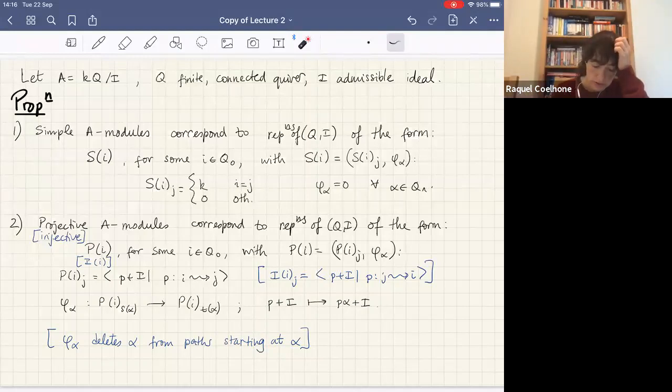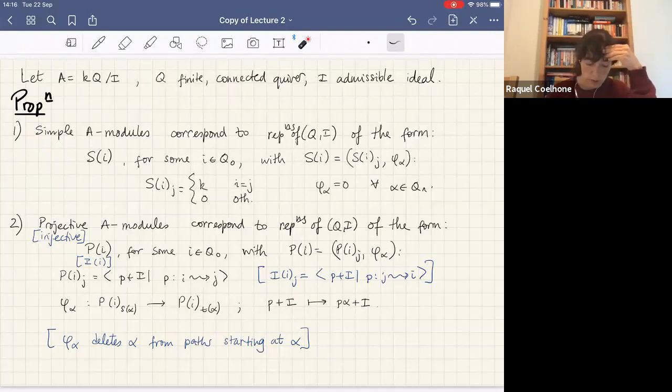At vertex J, Pij is generated by the paths from I to J. The injectives are dual, so you look at paths ending at the vertex corresponding to I. So Iij is generated by the paths from J to I.